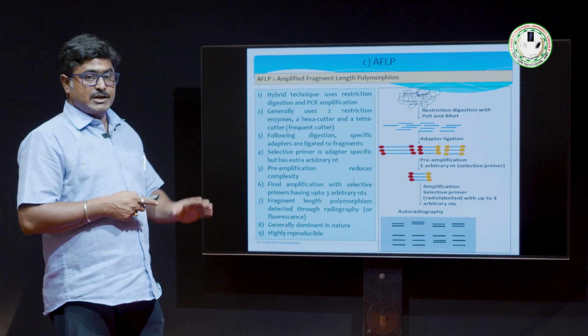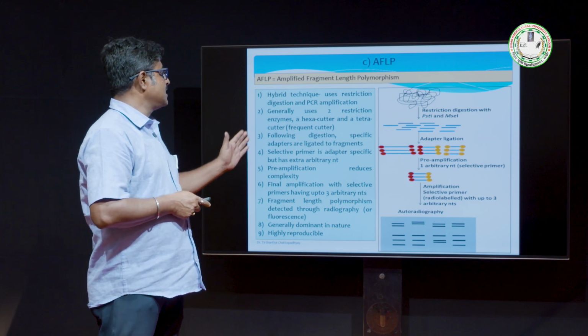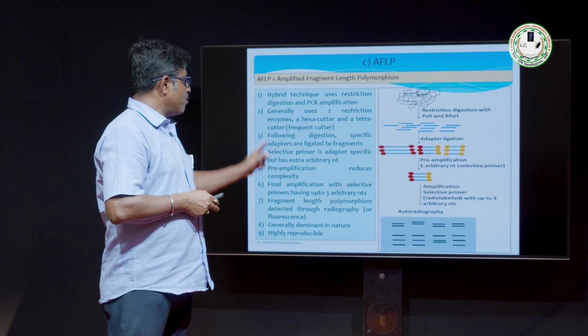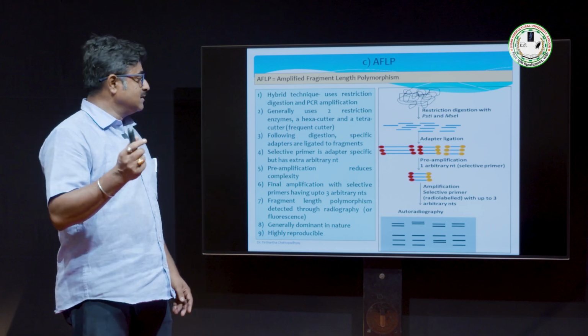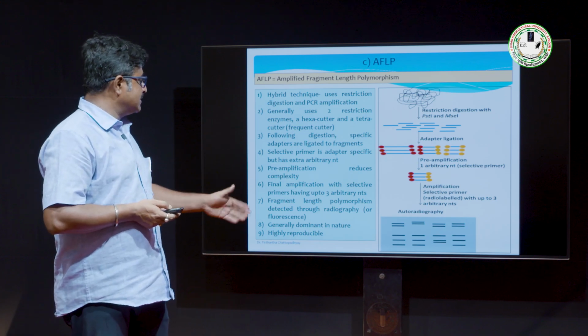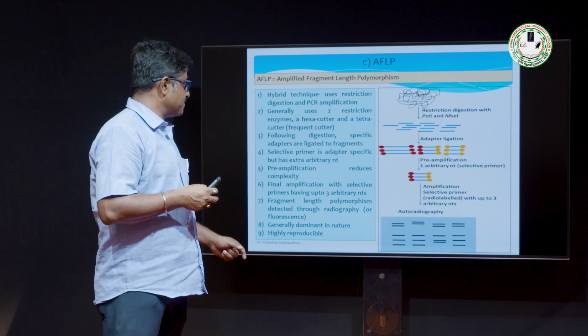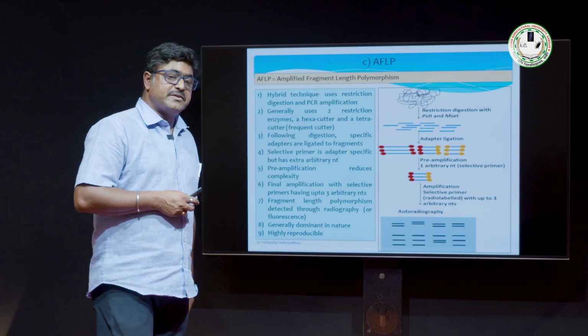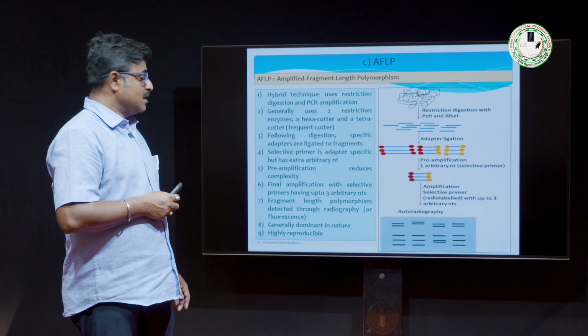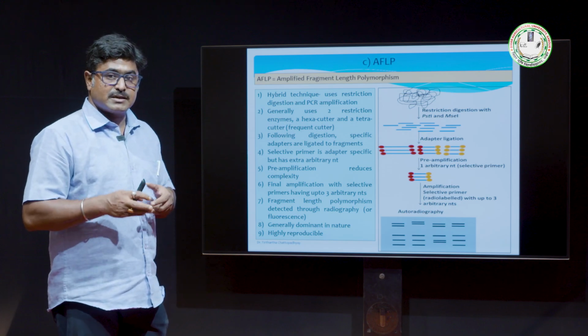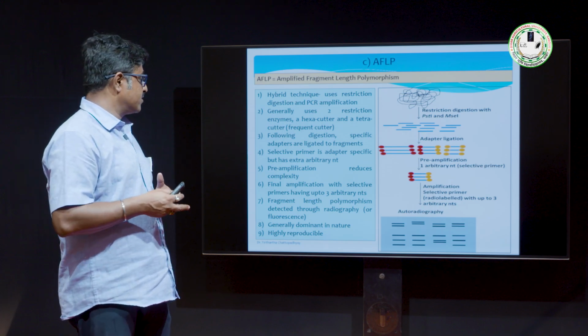It's done basically in two steps. In the first step, you have a selective primer where one arbitrary nucleotide is added at the 3' end, and after that we go for a selective amplification again with a radio-labeled selective primer where up to 3 arbitrary nucleotides are incorporated. So this reduces the number of bands that you actually generate.